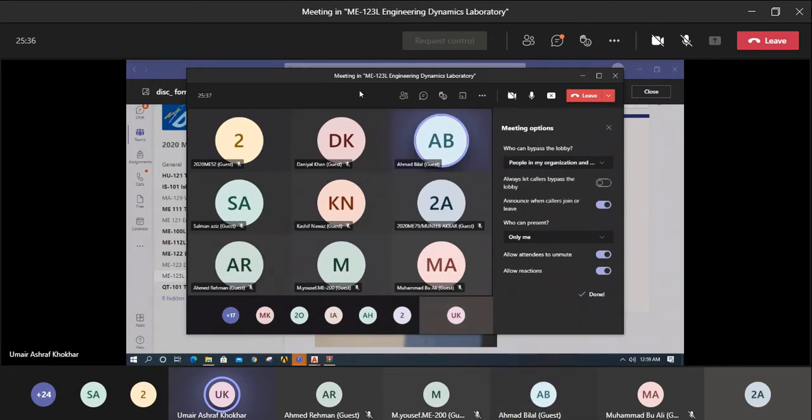Yes sir. Radius of gyration basically gives us an idea about the shape of any member.